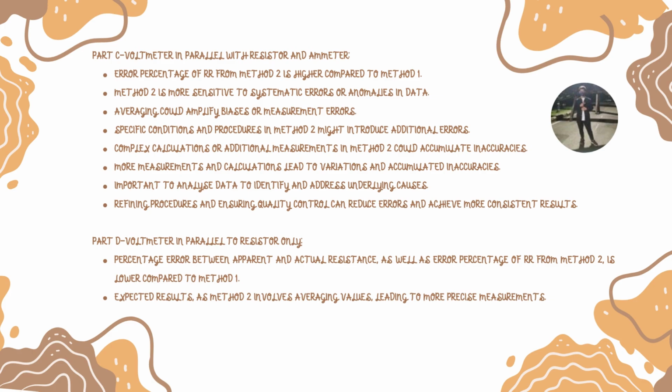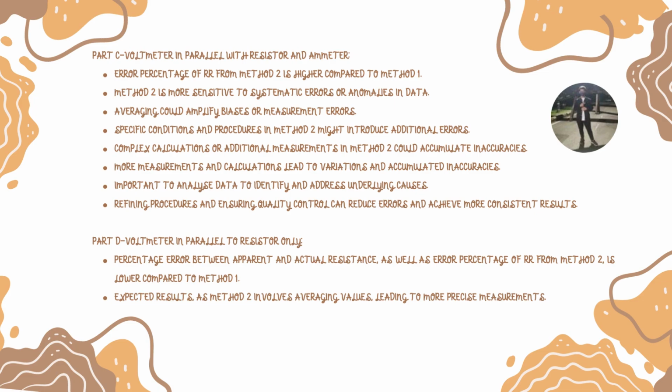The error percentage of R from method 2 was found to be higher compared to method 1. Method 2, which involves averaging values, is typically expected to lead to more accurate measurements. However, several factors could explain the higher error percentage.